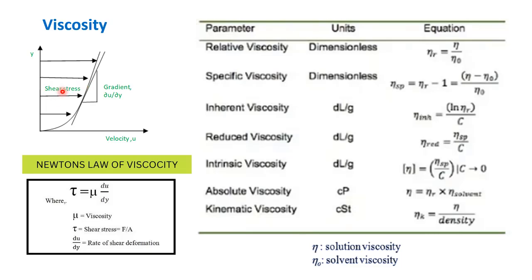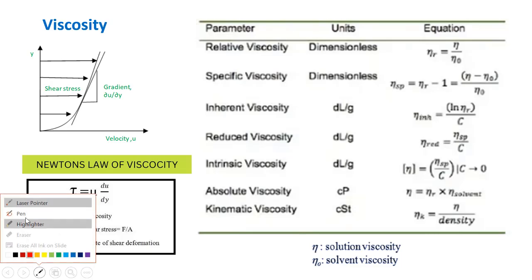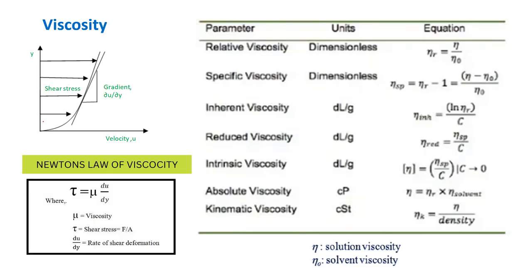For example, if I make a diagram, these are different layers of fluid, and the fluid is flowing in this direction with a certain velocity, that is u, and it has a thickness, that is y.